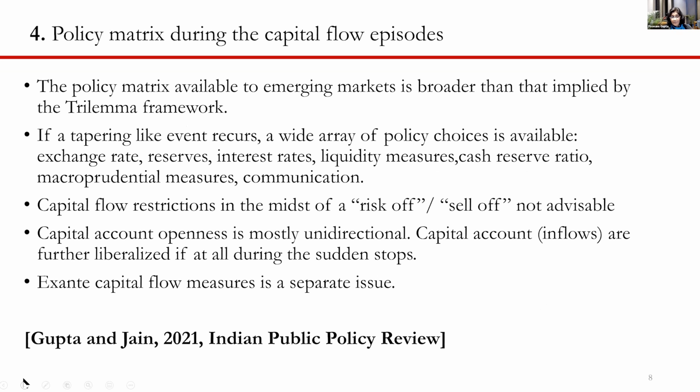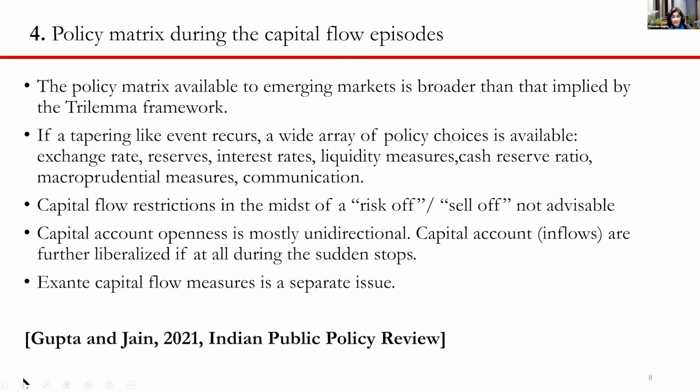And in fact, if a tapering-like event were to happen again, the policy choices include exchange rate modulation using reserves, interest rates, liquidity measures, cash reserve ratio, macroprudential measures, and very importantly, communication. All of these were put to very good use in 2013, when though India was impacted very sharply, it also managed to come out of it relatively unscathed.